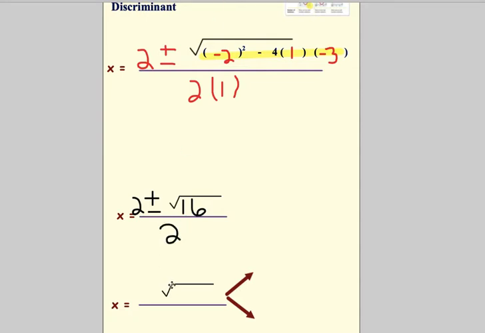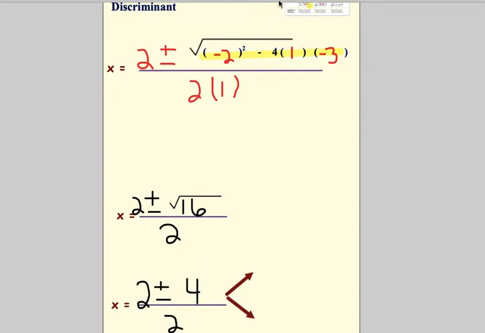So in actuality, I can get rid of the square root right here. I'm going to take 2 plus or minus, well, what's the square root of 16? I believe it's 4. And I'm going to divide that answer by 2.